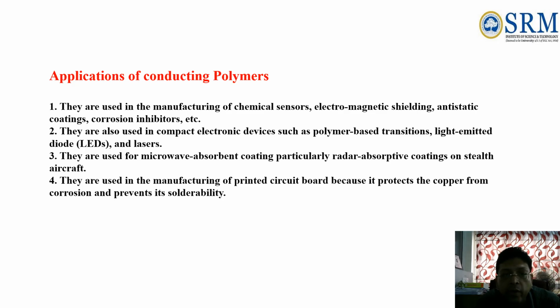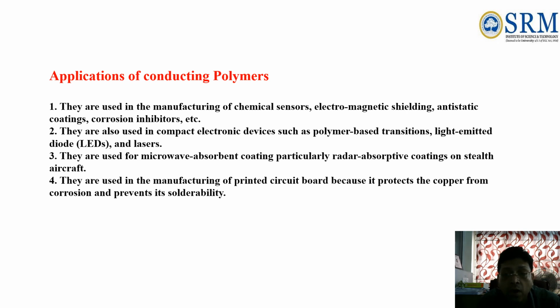The conducting polymers can be used in the manufacturing of chemical sensors, electromagnetic shielding, anti-static coatings, corrosion inhibitors, etc. They are also used in compact electronic devices such as polymer-based transistors, light-emitting diodes and lasers, etc.